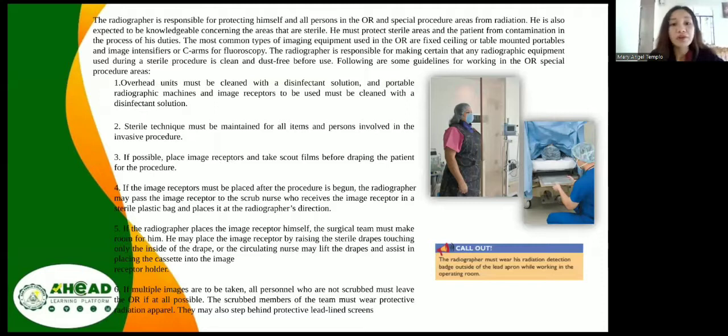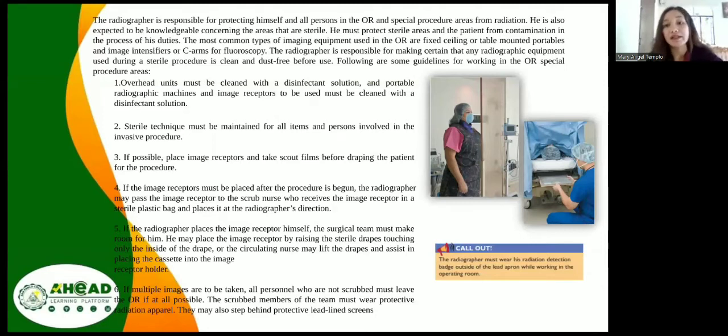The most common types of imaging equipment used in the OR are fixed ceiling or table-mounted portables and image intensifiers or C-arms for fluoroscopy. The radiographer is responsible for making certain that any radiographic equipment used during a sterile procedure is clean and dust-free before use.